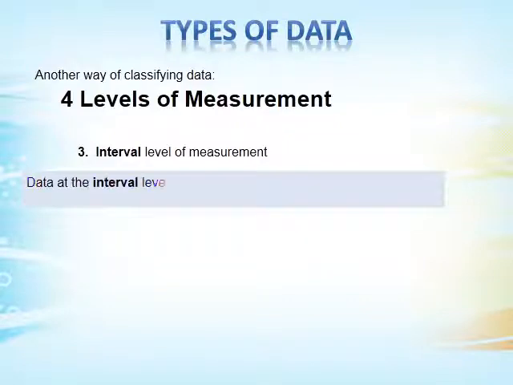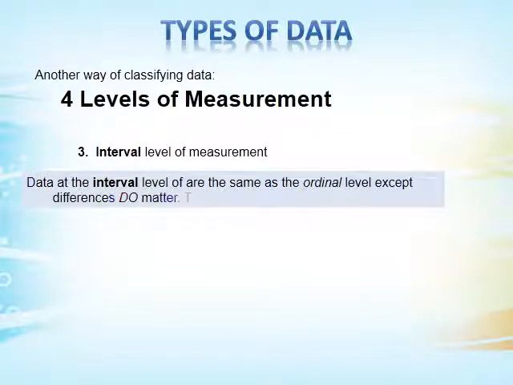Data are at the interval level of measurement if we can find a difference that does matter between data, but there's no natural zero starting point.